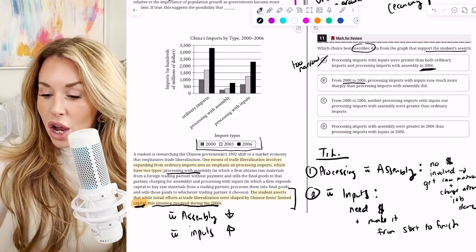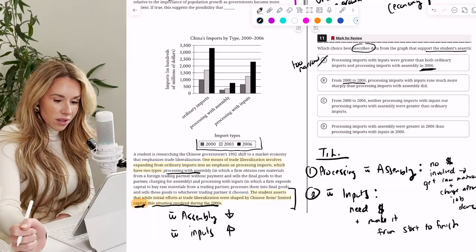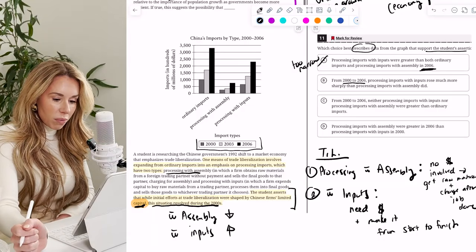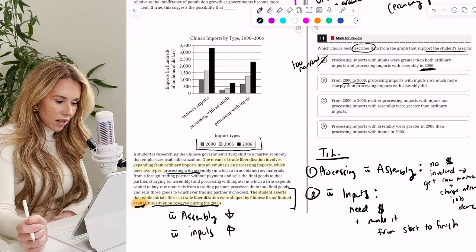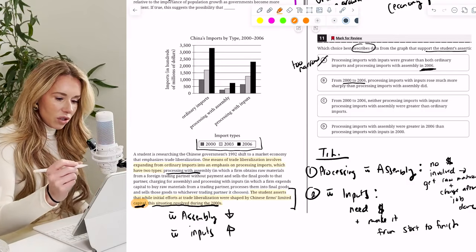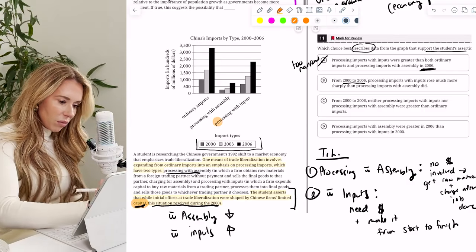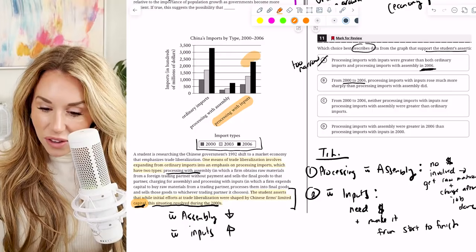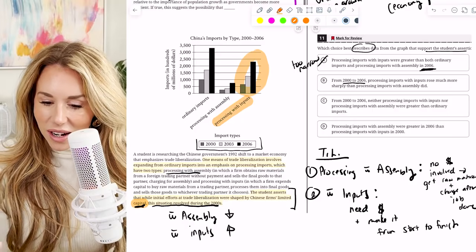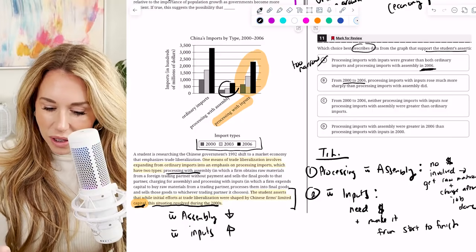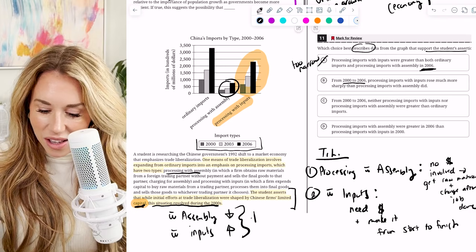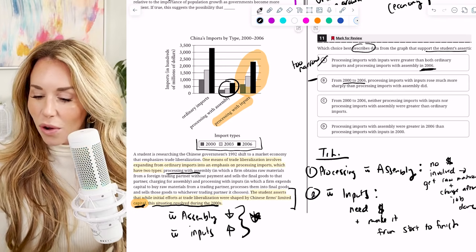I like that already. Processing imports with inputs rose much more sharply than processing imports with assembly did. Okay, let's just check and make sure that that's true. So processing with inputs, it definitely did climb higher and rise more sharply than processing with assembly, which is exactly what we wanted. So I'm going to hold B.